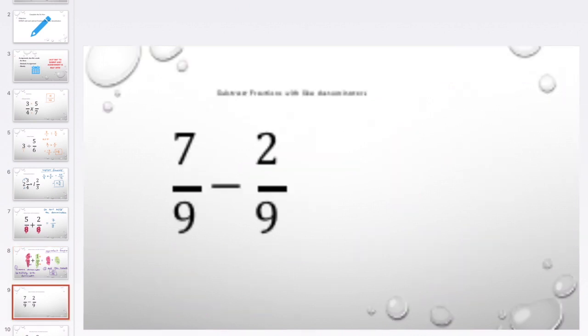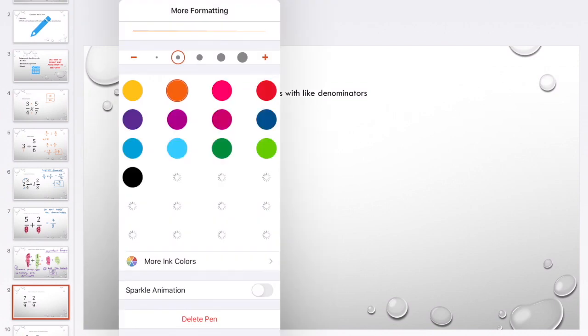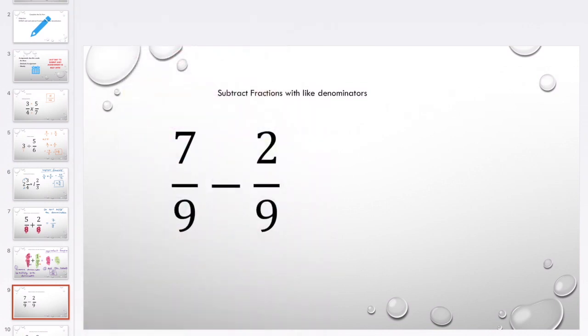Let's do a quick subtraction problem to see if it's the same rule. If my denominators are the same, I can leave the denominator as it is. 7 minus 2 is 5, and that's the final answer.